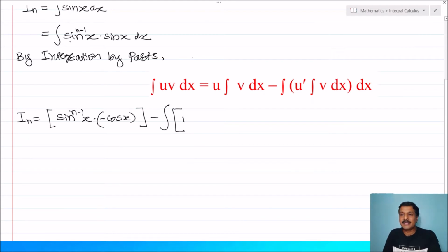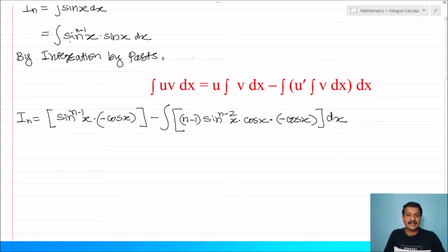It is n minus 1 into sin x raised to n minus 2 into cos x, into the integration of sin x, that is v, which is minus cos x, bracket close dx.